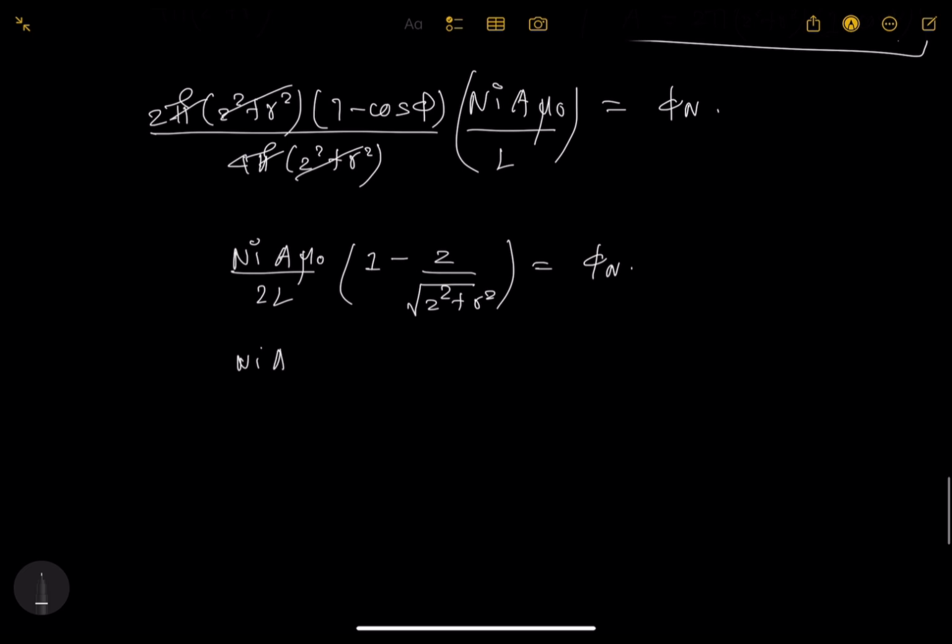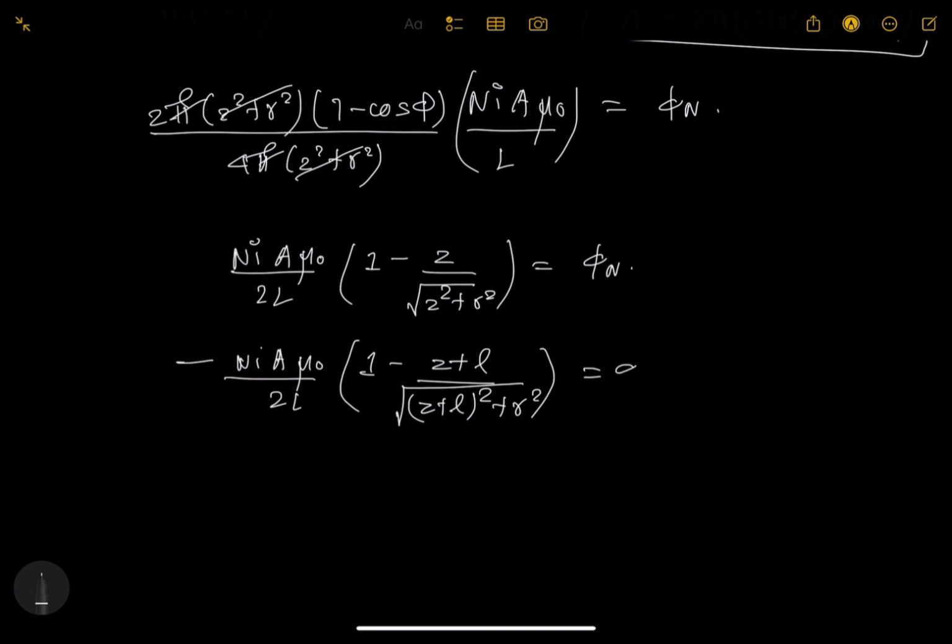The total flux due to the South Pole is going to look similar, but it's going to be opposite in direction. We're going to have to add those two fluxes. Since it's at a distance z plus L, that is what that flux is going to be.